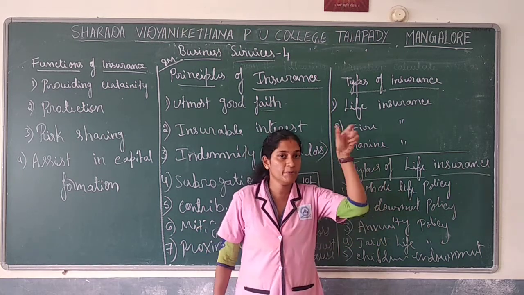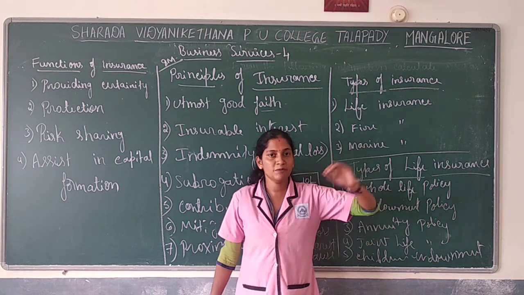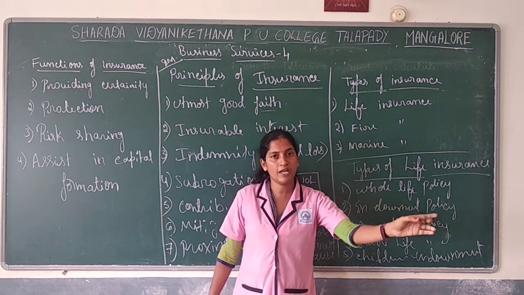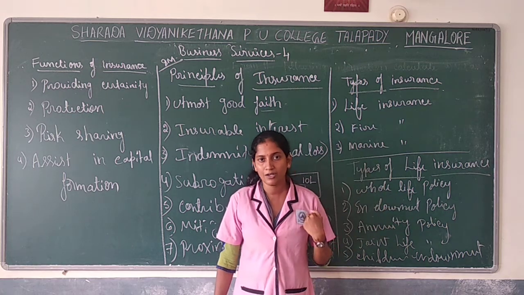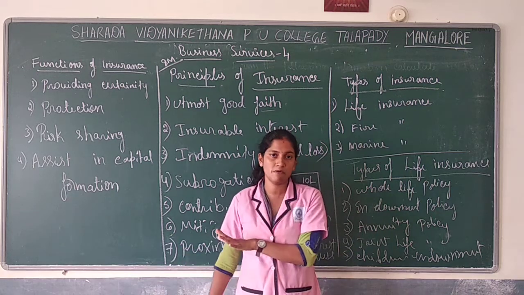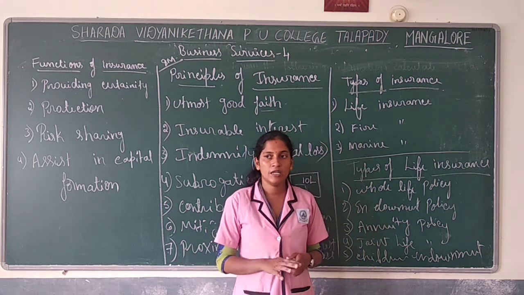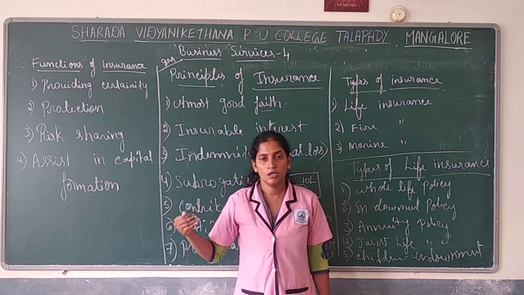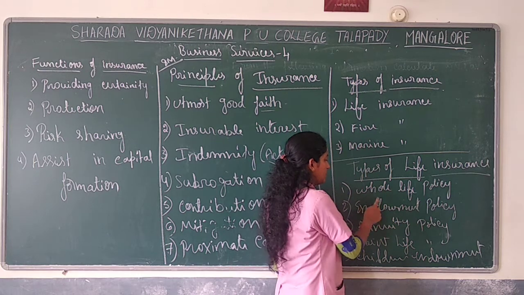Sometimes the premium is paid only for a certain period of time, and after that period is over, the cover continues till his death. After his death, it will be given to the family members. That is the whole life policy.